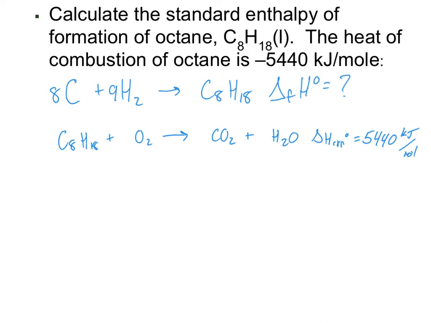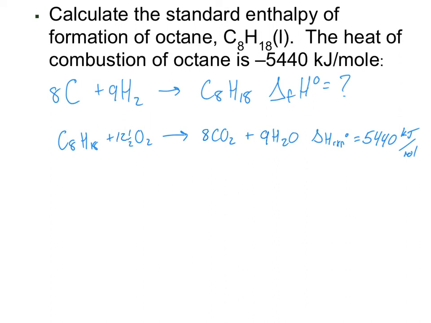Remember that in thermochemical equations, it is okay to have fractions as your coefficients, and in this case we'll need to, since we're given information in terms of 1 mole of glucose. That means we need to keep a 1 here as our coefficient. And so with that in mind, when we balance this equation, we get 12.5 O2s, 8 carbon dioxides, and 9 waters.